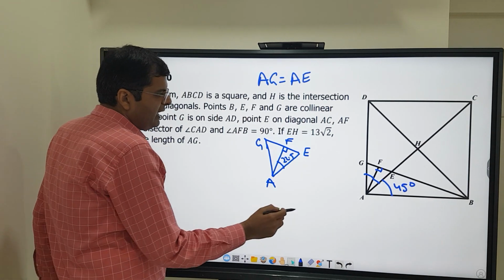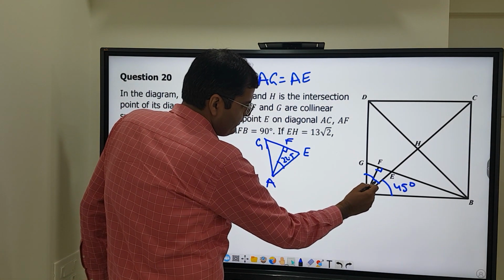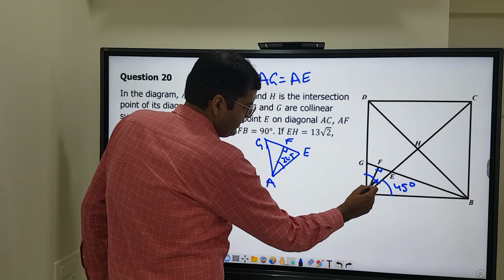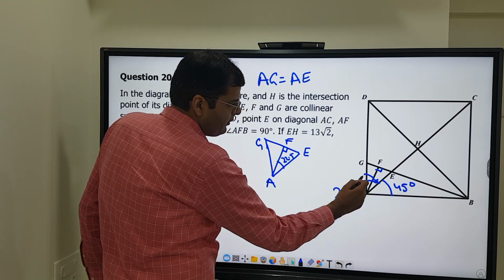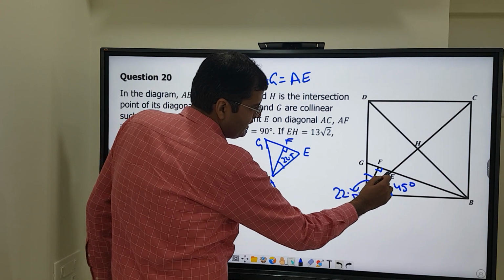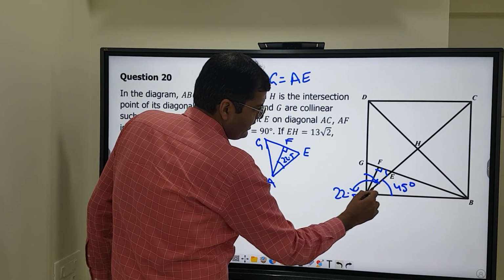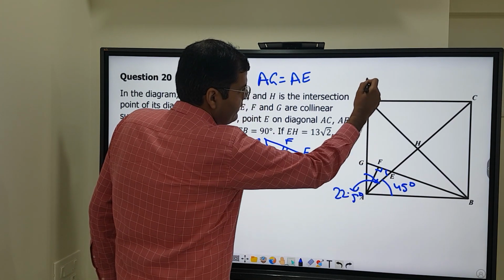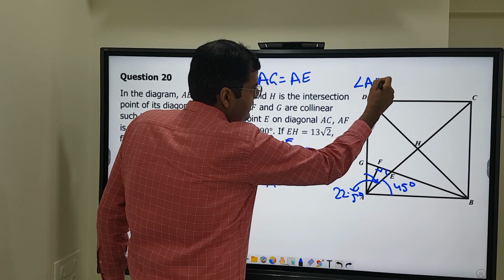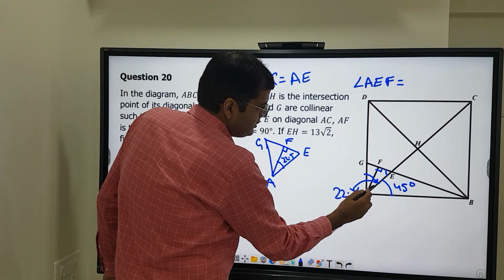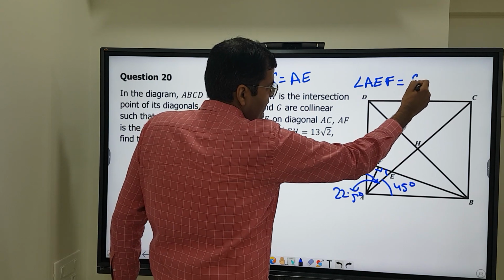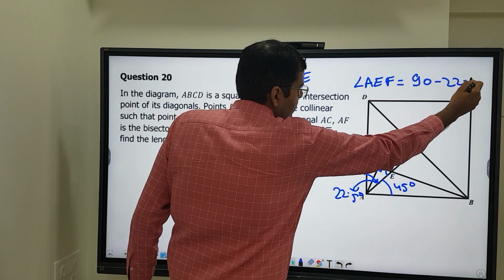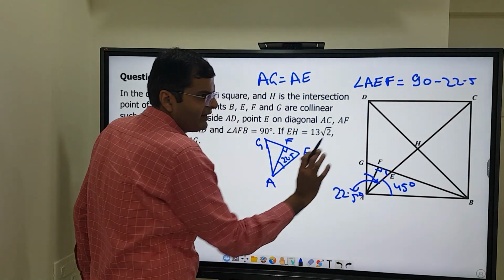Now, this angle over here is 22.5 degrees because that is half of 45 degrees, and this is 90 degrees. So angle AEF is basically 90 minus 22.5, because this is a right angle triangle.